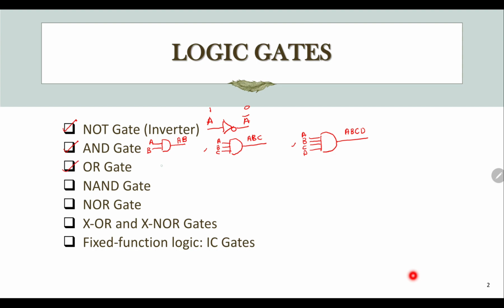Next is the OR gate. How does an OR gate look? The OR gate looks like this. You have A, B, for example.